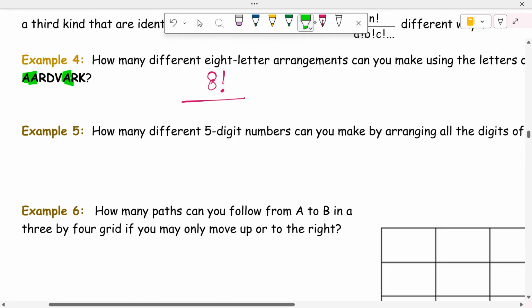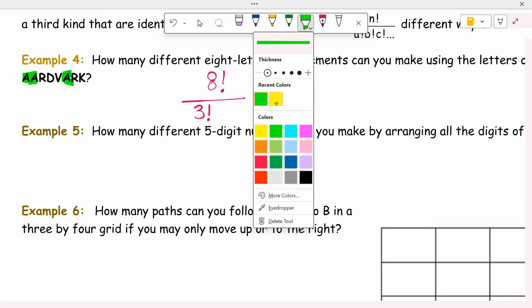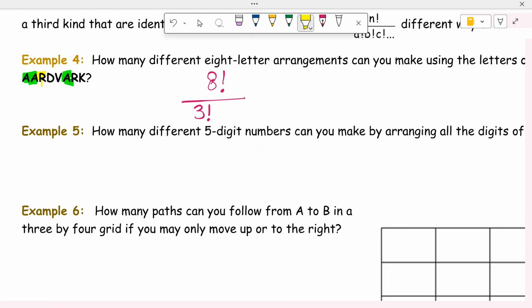How many ways can we arrange 3 letters? 3 factorial. So we have to divide out a 3 factorial, because when I move those A's, it ends up being the same. And what else do we have repeating? R. How many R's do we have? 2. So that's all you have to do.